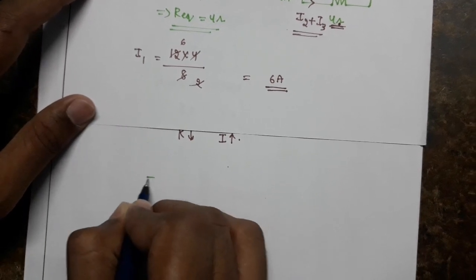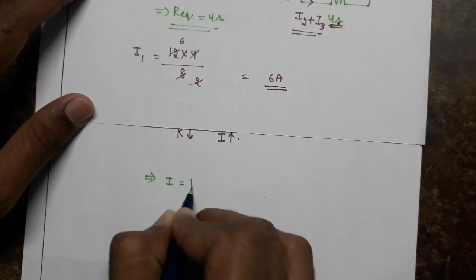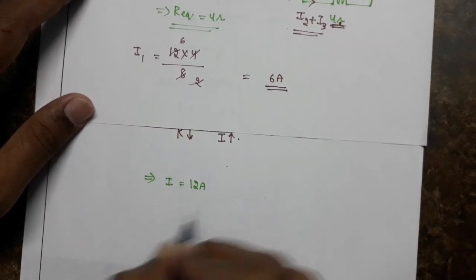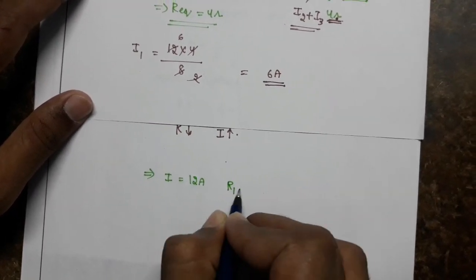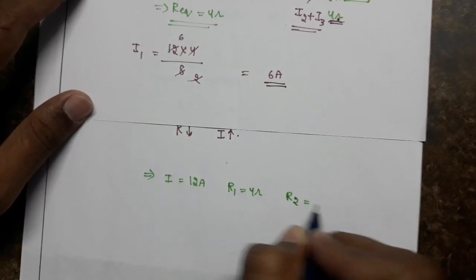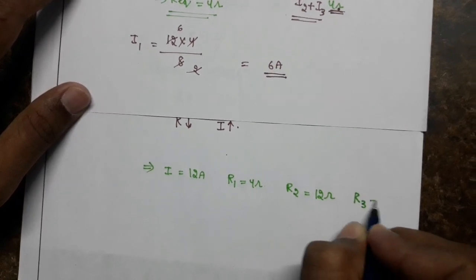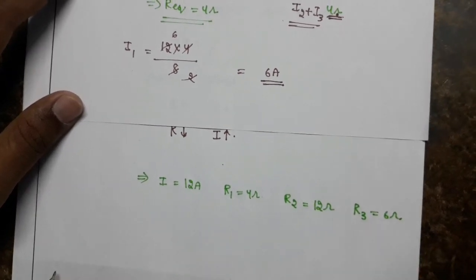So they have given the total current I of 12 amperes, branch 1 resistance of 4 ohms, branch 2 resistance of 12 ohms and branch 3 resistance of 6 ohms.